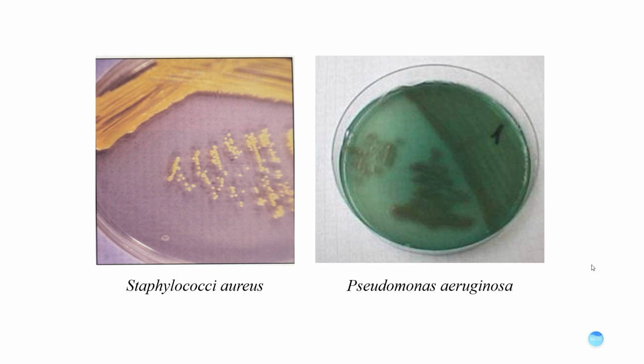Another interesting thing about Pseudomonas aeruginosa is that when you culture this bacteria in the cabinet, in the lab, it smells good. It smells like fruit or flower. Some people say that it smells like grape juice. So if you visit some lab, open their incubator, and you smell some grape smell, you know that they are culturing this bacteria.